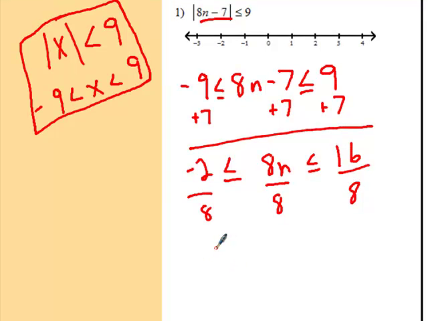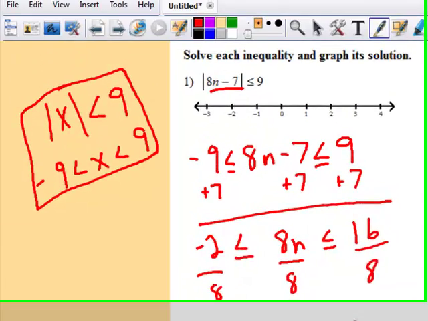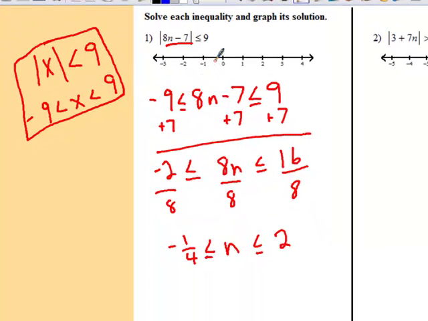So what this is saying, read from the perspective of your variable: n is going to be any number greater than or equal to -1/4. -1/4 is -0.25. So I'm going to estimate where that is, and I'm going to have a closed circle at that spot.